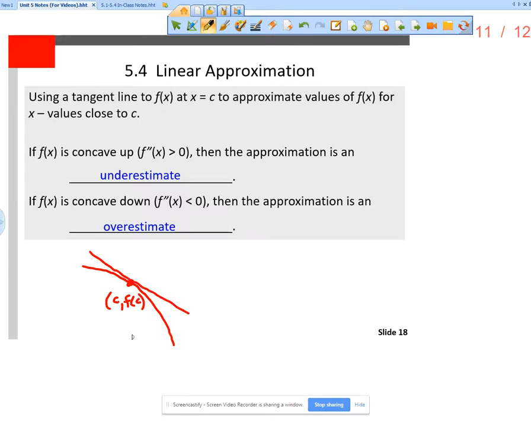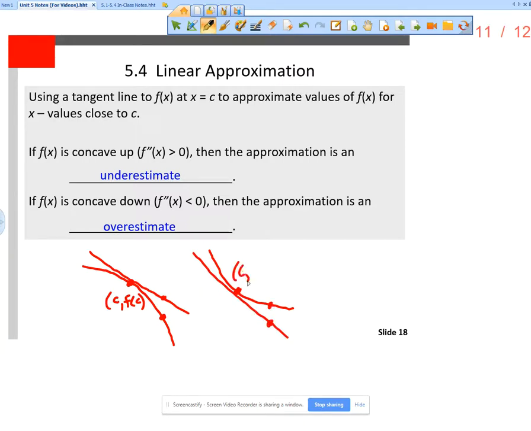And if we know that this curve is concave down, that means the tangent line is always above the curve. Now, if we had a decreasing function, yet it was concave up, we would have a tangent line that was always below the curve.